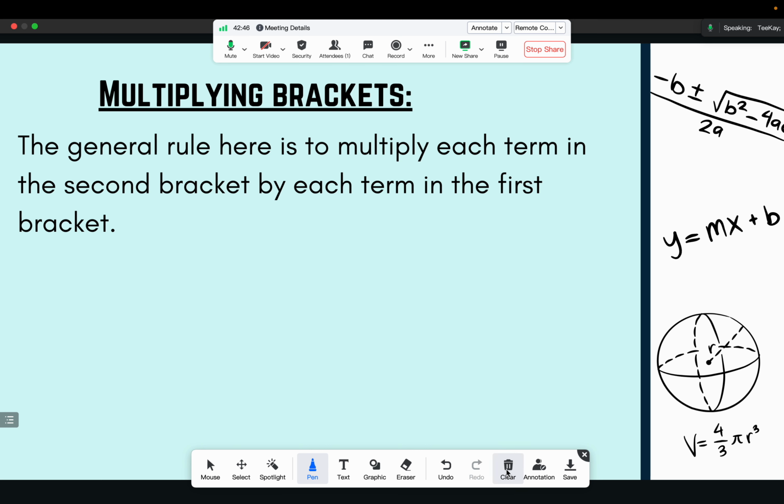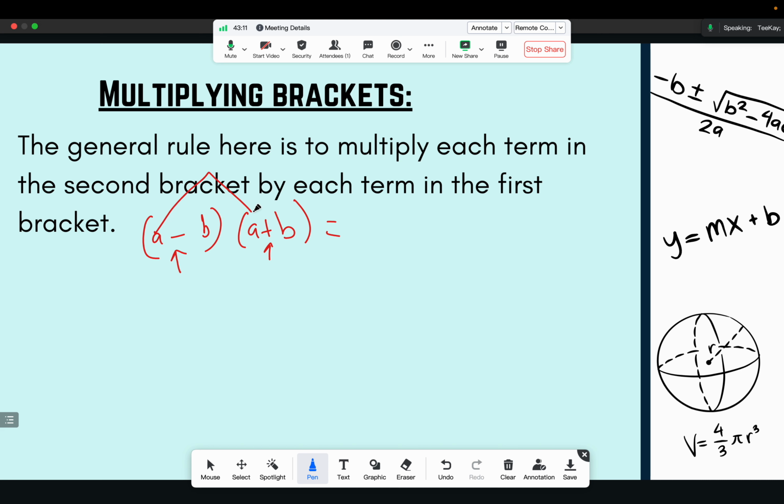But without wasting time, let's jump on to another one. Now, let's say we have this one and we have this one. If you look at these two brackets, they are almost the same, but the difference is the signs. Here we have minus and here we have plus. So let's use the rule we were using before.